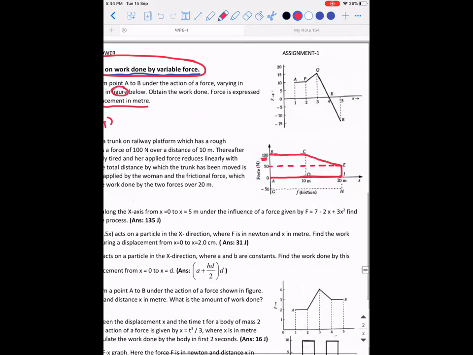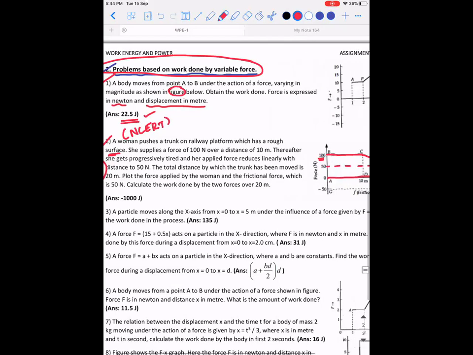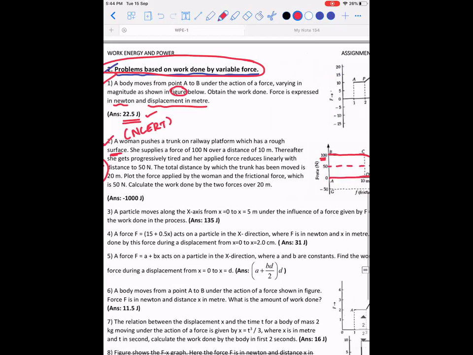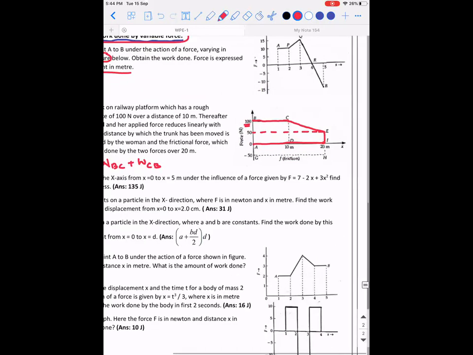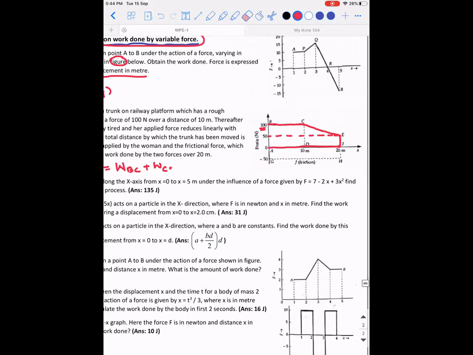Calculate the work done by the two forces over 20 meters. So how to do this? Again, calculate the area. From C to E. So what is the work done from B to C?